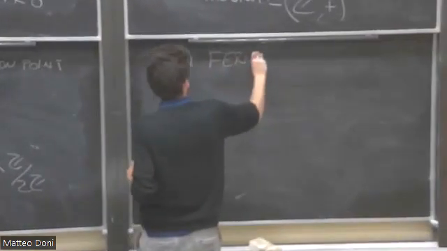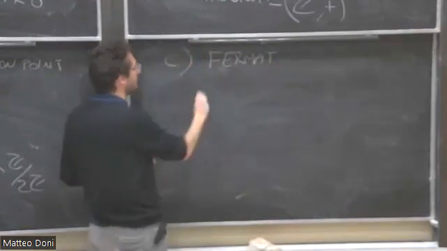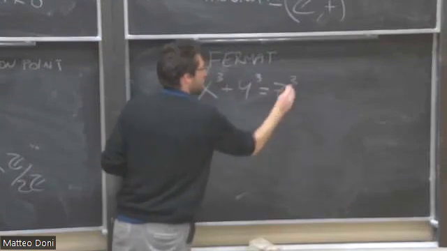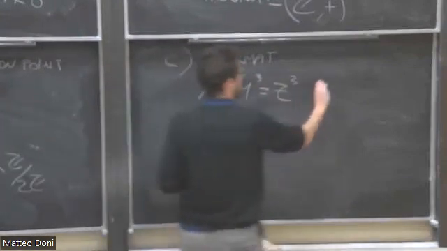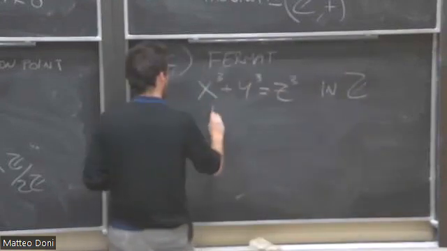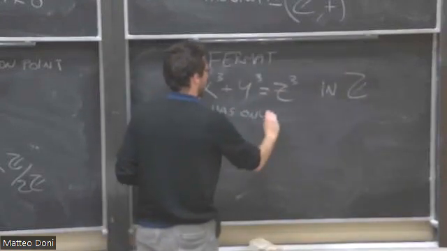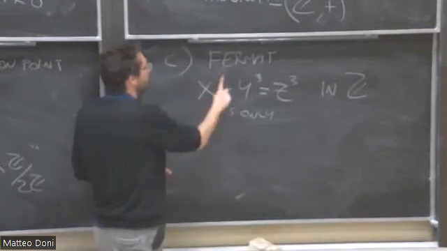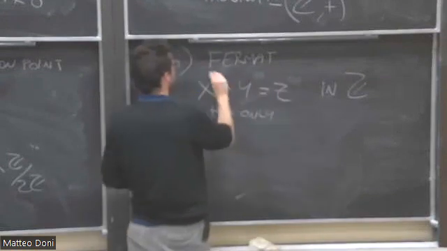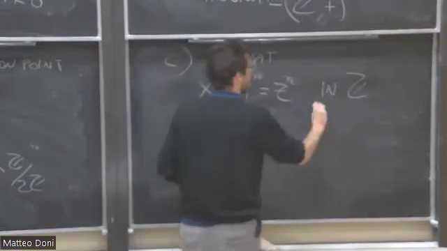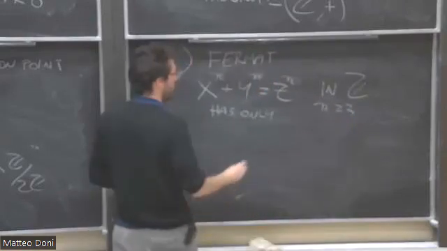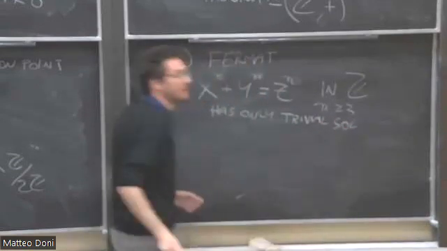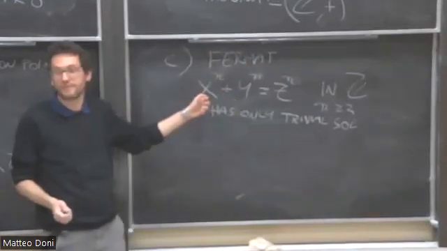The statement of Fermat's last theorem is that if I take this equation in integers, here I take 3, but I can take actually any number bigger than 3, so let us write n here with n bigger than 3, it has only trivial solutions, meaning that at least one of the variables must be 0.